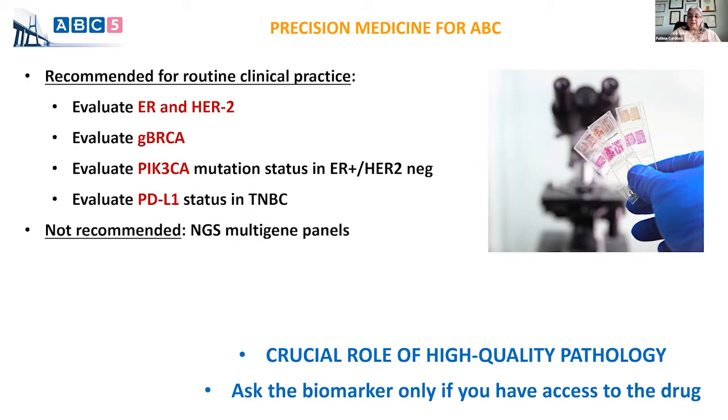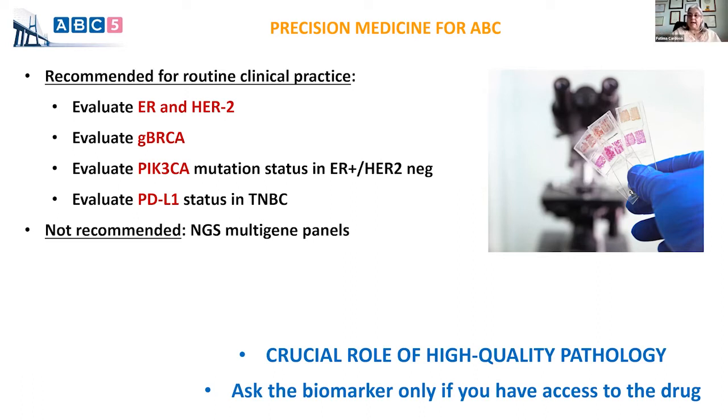The other message is that it makes no sense to ask for a biomarker or to spend resources on a biomarker if you don't have access to the drug that targets that biomarker, right? So we should only ask for the biomarker if we know what to do with that result. And that's why we still do not recommend for routine practice those multi-gene panels.